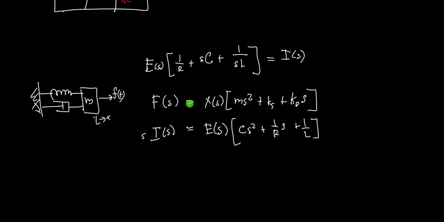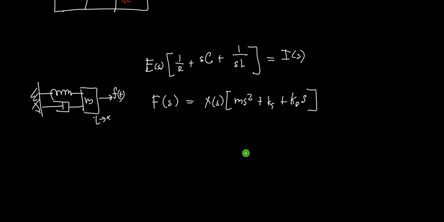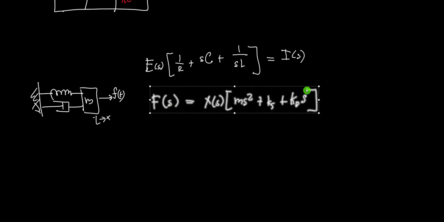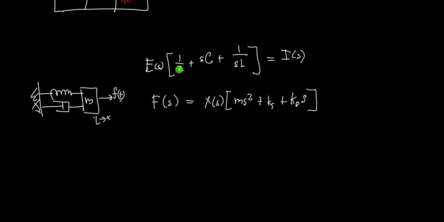But in the translational mechanical system, instead of X we can change it into velocity, just like what we did in the force-voltage analogy. Or instead of changing this one, we can force this one to be in this format. We already have a constant ks, and we need a term that has 1 over s, and here we don't have a 1 over s.